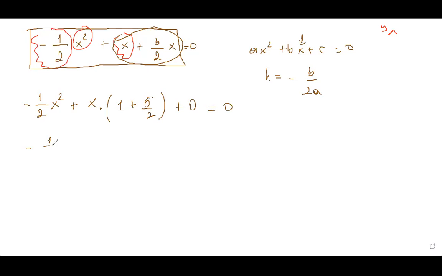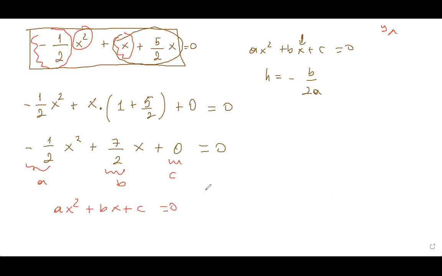Now, negative 1 over 2x squared plus 7 over 2x plus 0 is equal to 0. Right now, this is a, this is b, and this is c. ax squared plus bx plus c equals 0.